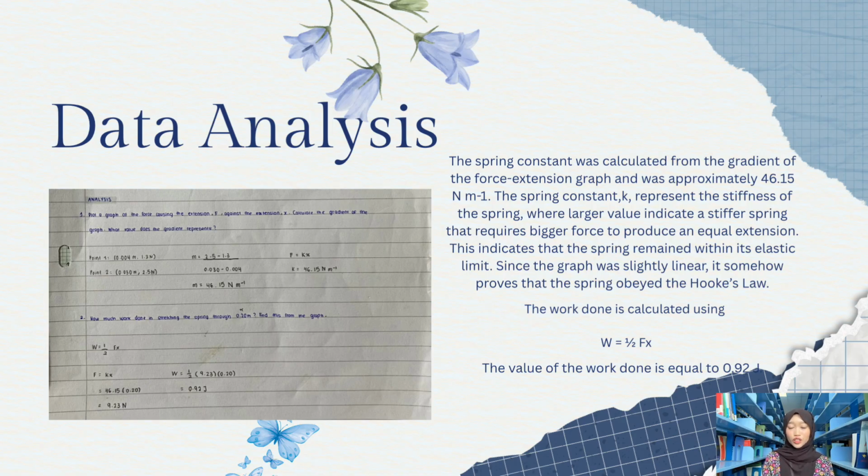For the work done calculation, it is calculated using the formula work done equals 1 over 2 Fx, where Fx is equal to the force proportional to the direction of the displacement. The value of the work done is equal to 0.92 joule.